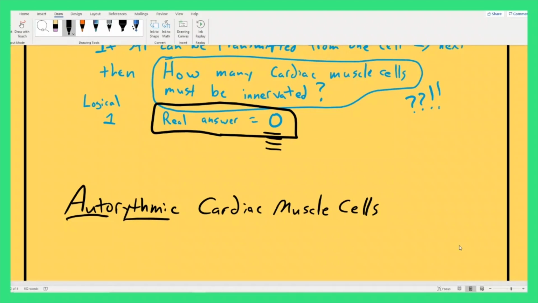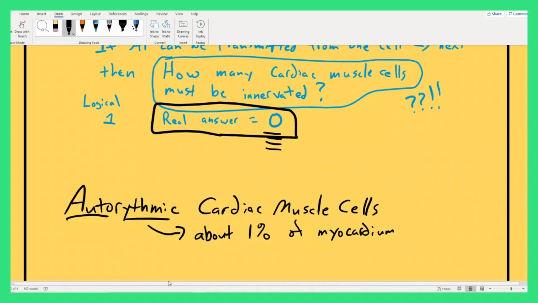About 1% of the myocardium are these autorhythmic cardiac muscle cells. They will contract on their own without innervation.